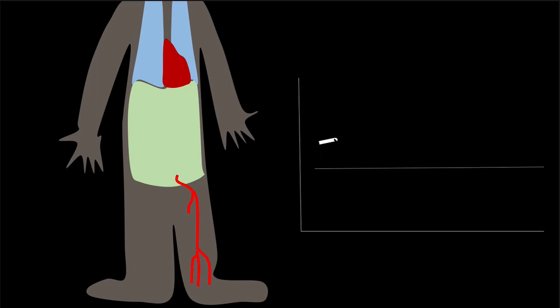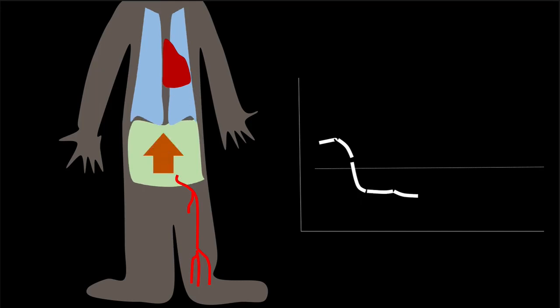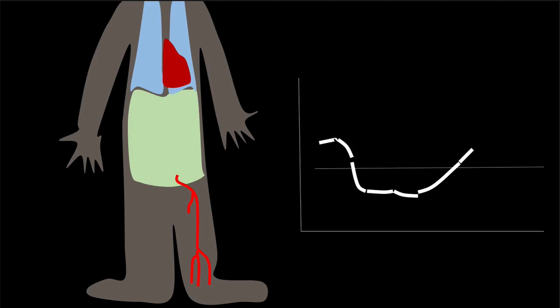With inspiration, the diaphragm descends, and you get increased intra-abdominal pressure, which decreases venous flow from the leg. Something like this, okay? And then with expiration, the diaphragm rises, intra-abdominal pressure decreases, and venous flow from the legs increases, sort of like that.